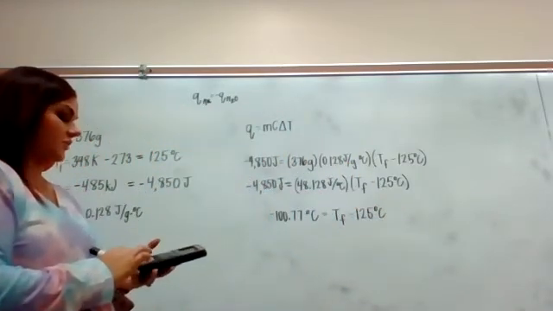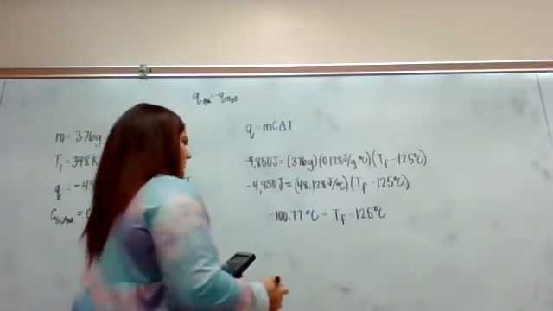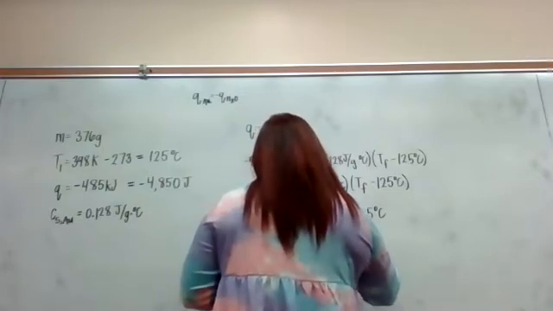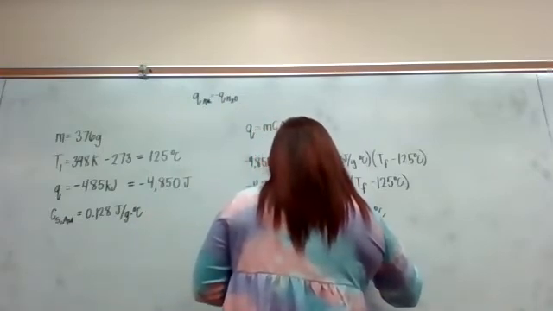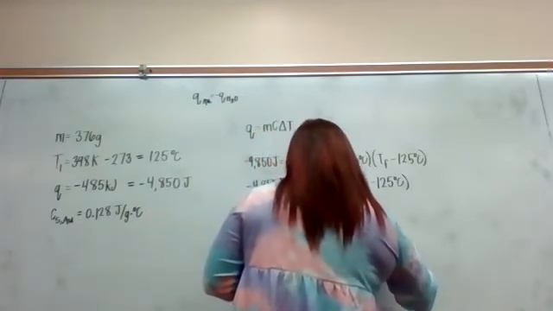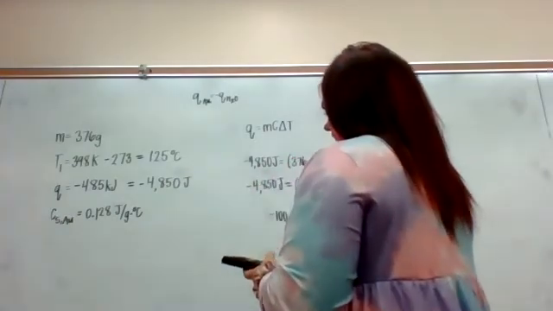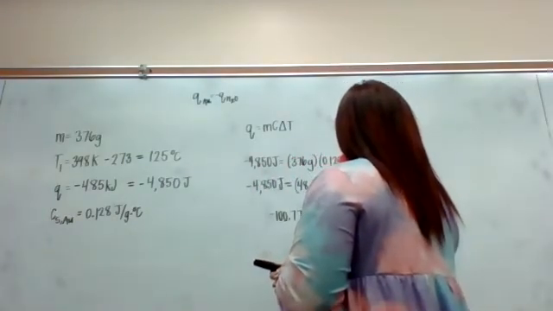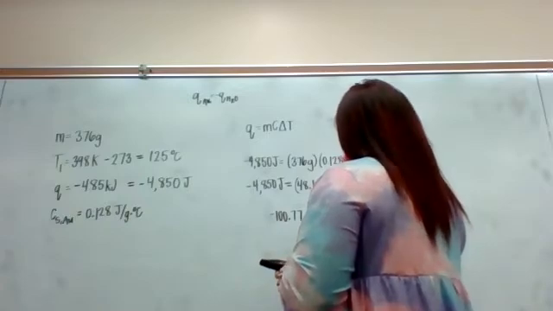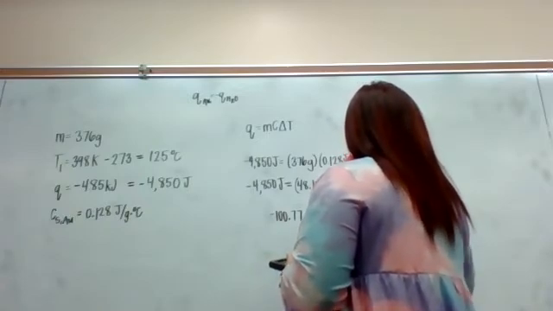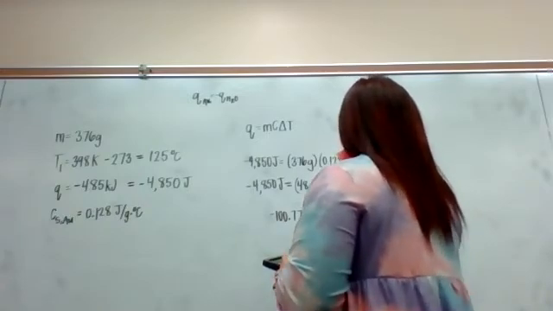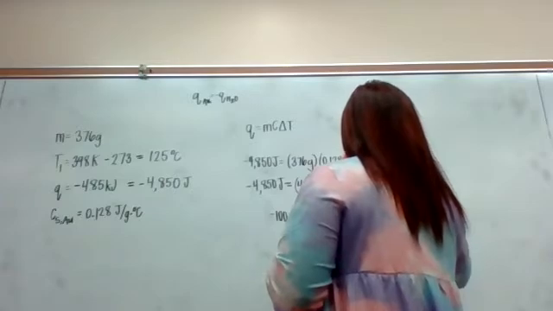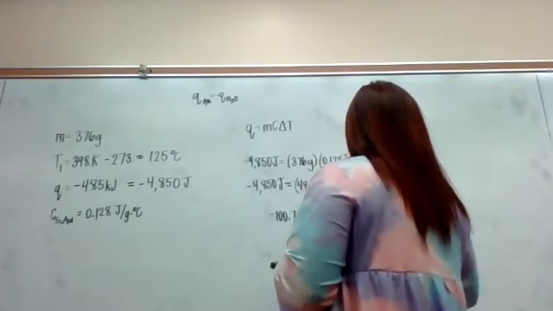Right now, I'm gonna add 125 to both sides. So I got 24.2 degrees Celsius. If you wanted to convert it back to Kelvin, you could have. It didn't tell you what to do, so do what you want.